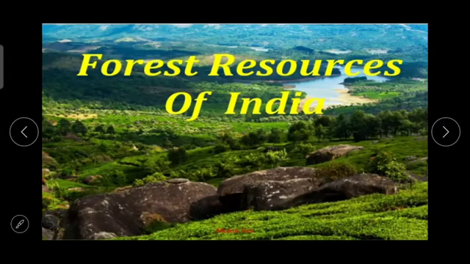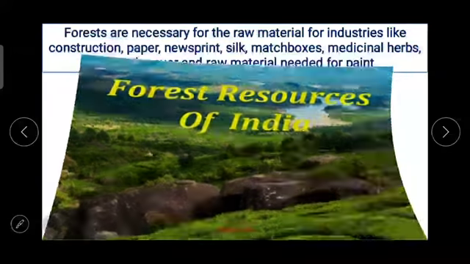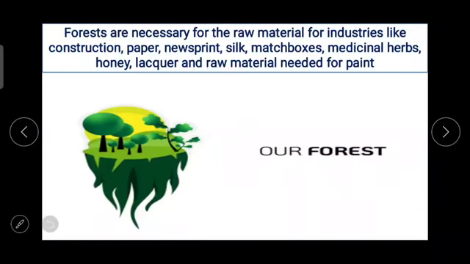Now next one, forest resources of India. You people already learned about this in natural resources, how forests fulfill our needs and how forest resources are important in our daily life. Government reserved some forests for industries based on forests.